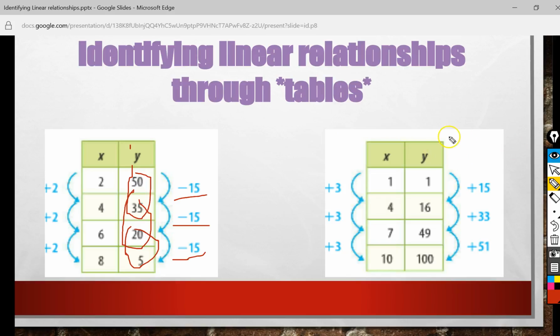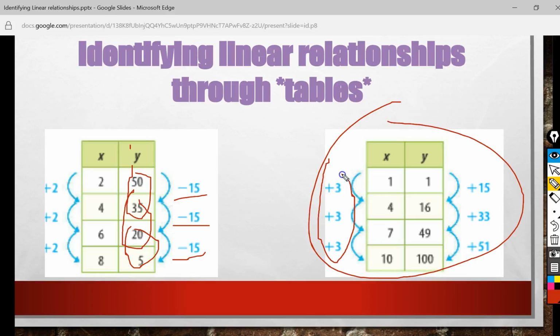Same thing with this table over here. Okay? So it starts off good. We see that all of our x's are constantly changing by 3, plus 3. And the signs are important, because we will have to do this when we find our slope in one of the later lessons. So make sure you remember the sign that it's changing by. Then we look at our y's.